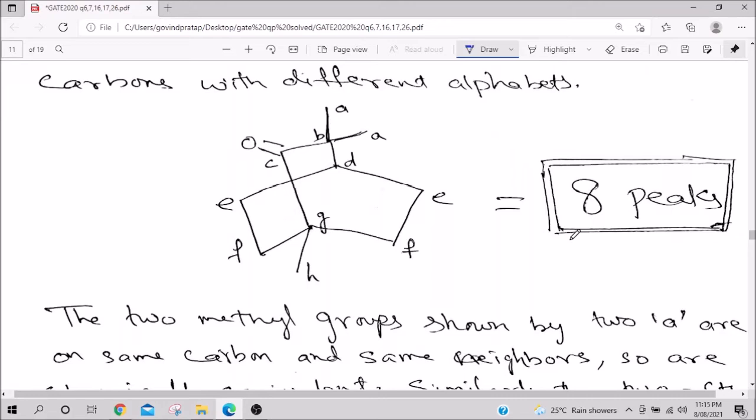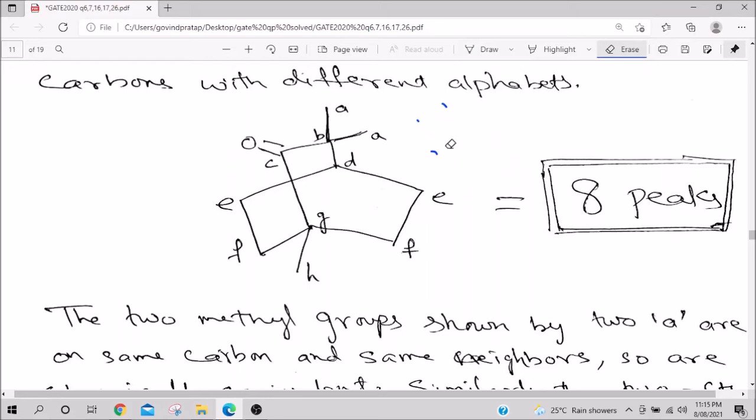Many times all the carbons may be the same. If you take benzene, though there are 6 carbons, it will show one peak, since all carbons are chemically equivalent, they are exactly one and the same.